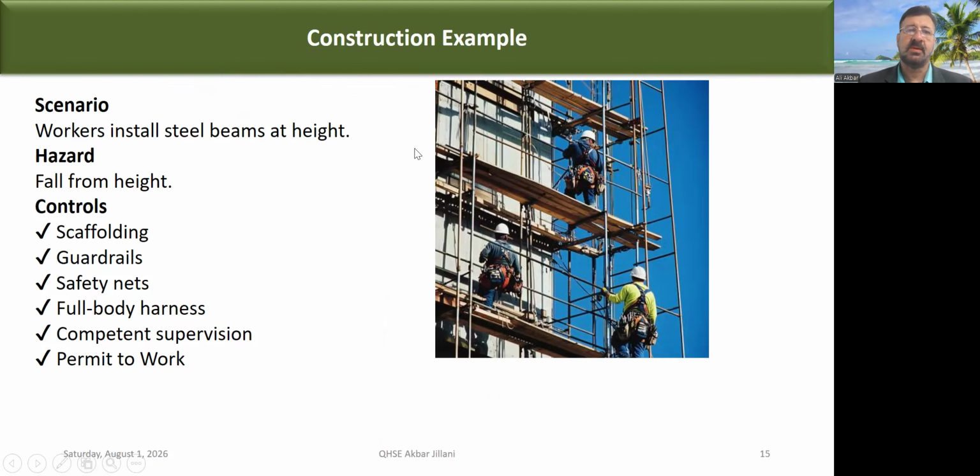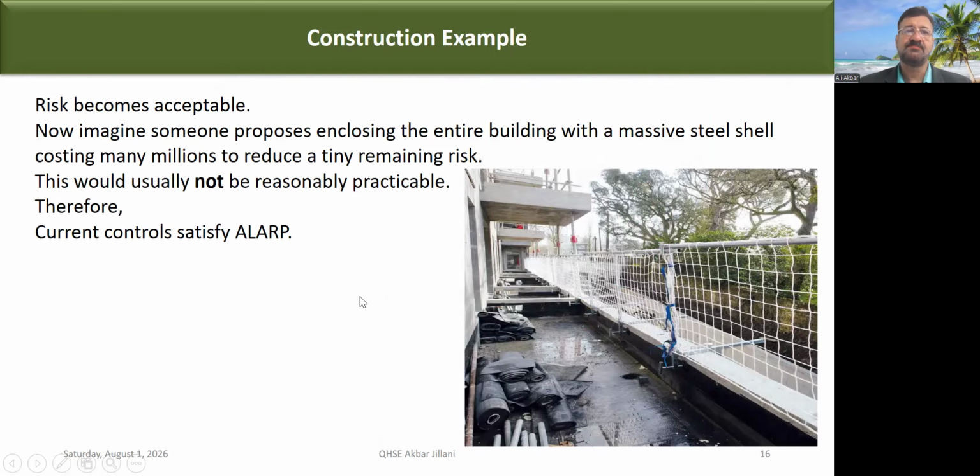Now construction. Worker installs steel beam at height. Hazard: fall from height. Control measures: scaffolding, guardrail, safety nets, full body harness, competent supervision, and PTW. Now here, the rest become acceptable.